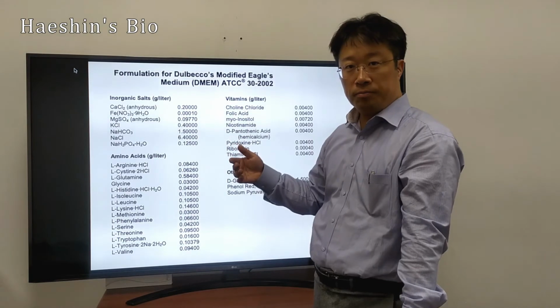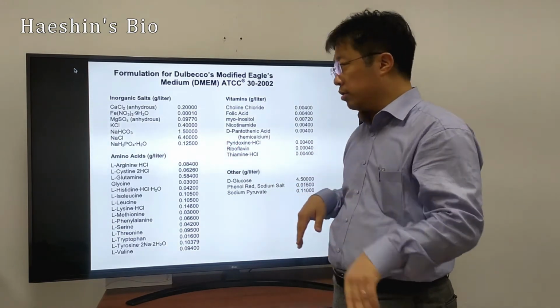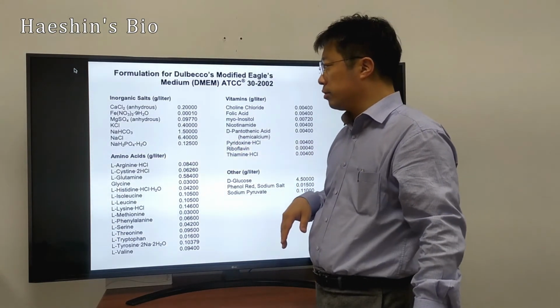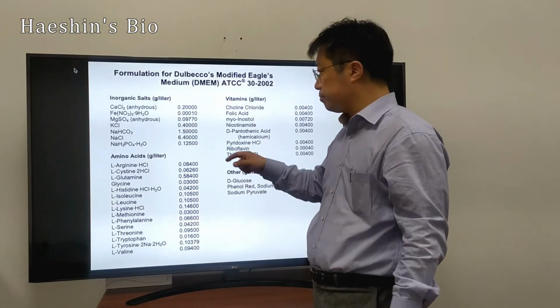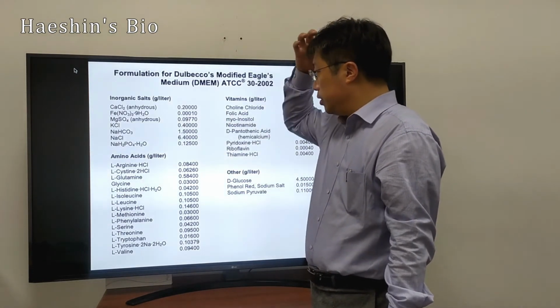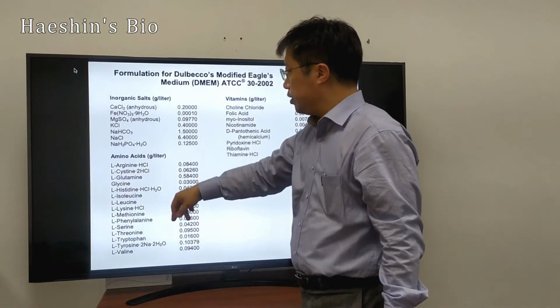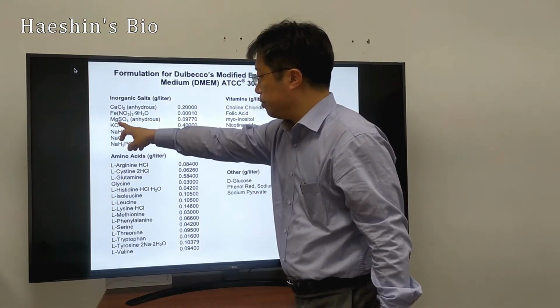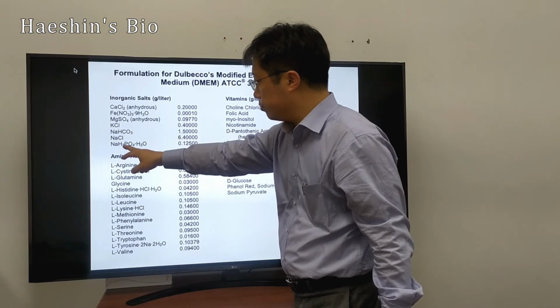Sodium chloride is for osmotic pressure, matching the salt level between outside and inside. The osmosis control. We need some calcium, some iron, some magnesium, some potassium.